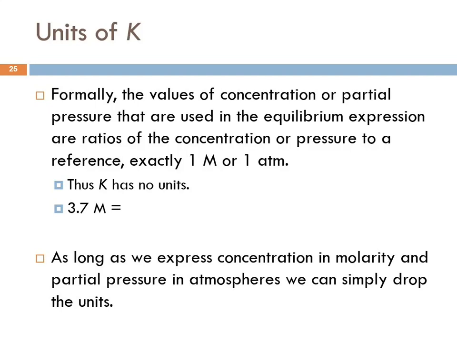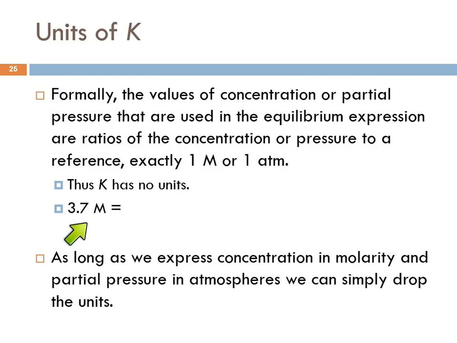Now, units on K. We've kind of glossed over this because the concentrations have units of moles per liter, and sometimes if you were to put the units in there, they're not going to cancel out, and yet we've been using K as if it were unitless. Well, formally, what we're putting in there for concentration or pressure are actually ratios of the concentration relative to 1 molar or the partial pressure in atmospheres relative to 1 atmosphere.